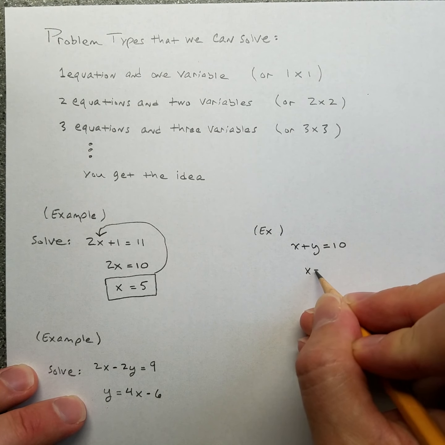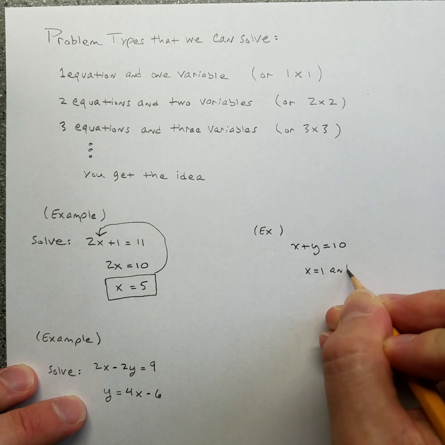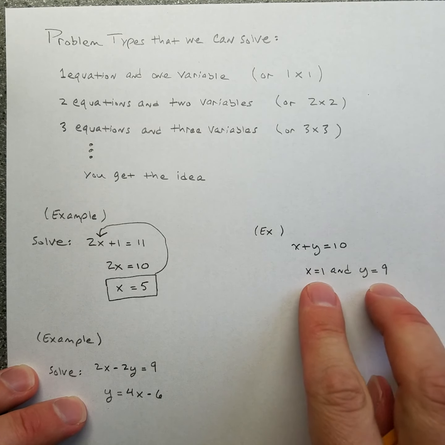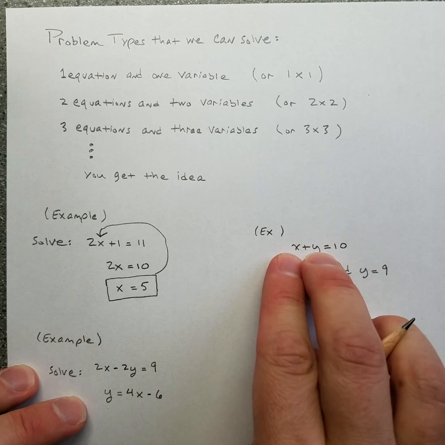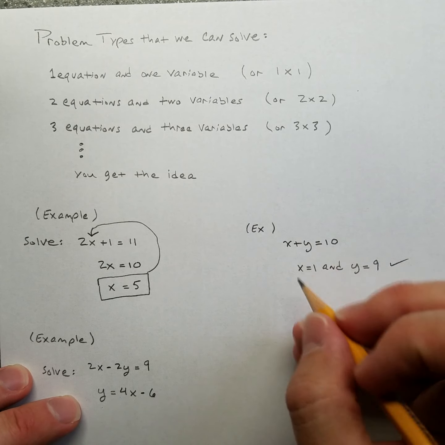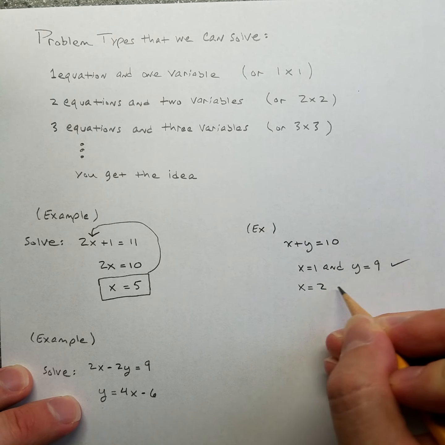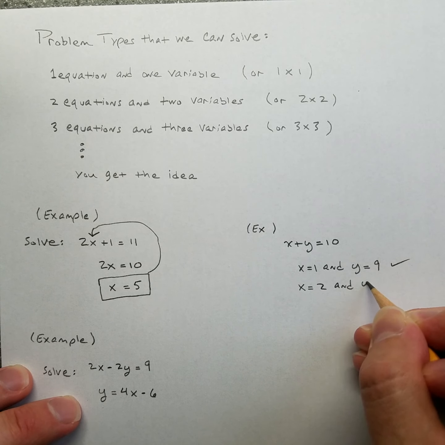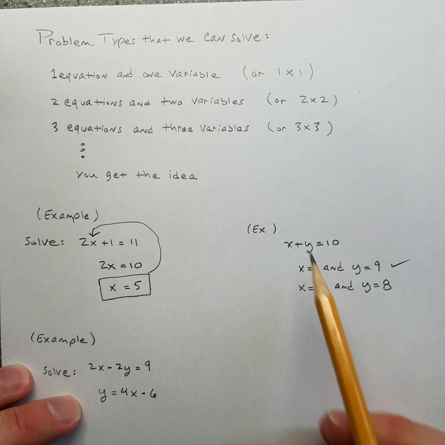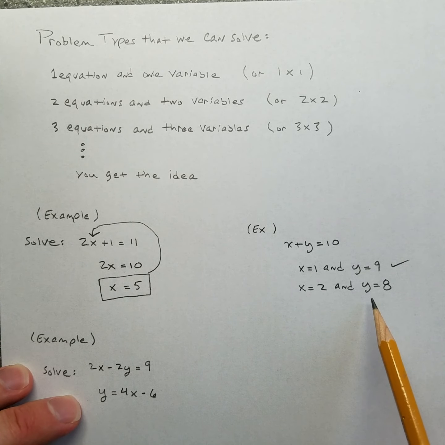Could it be true that x is 1 and y is 9? Is that a solution? If you plug those numbers in, does it work? Is 1 plus 9 10? Yeah, that's a solution. But you see how you could just keep going? And there's endless possibilities? Could it be true in that equation that x is 2 and y is 8?